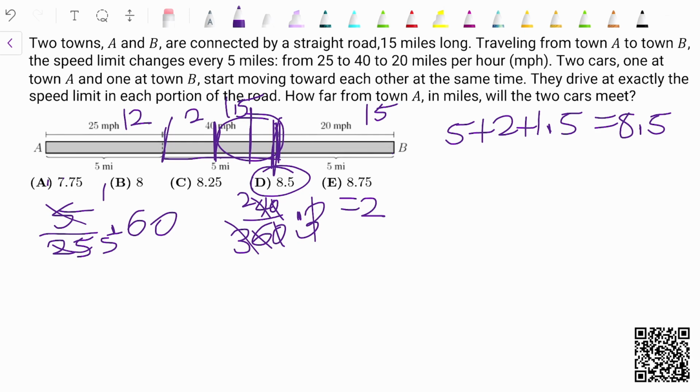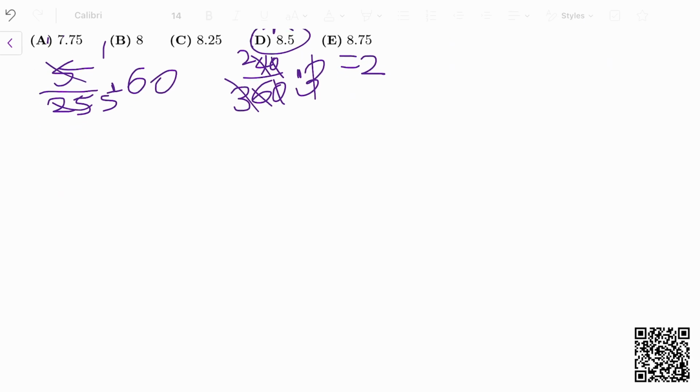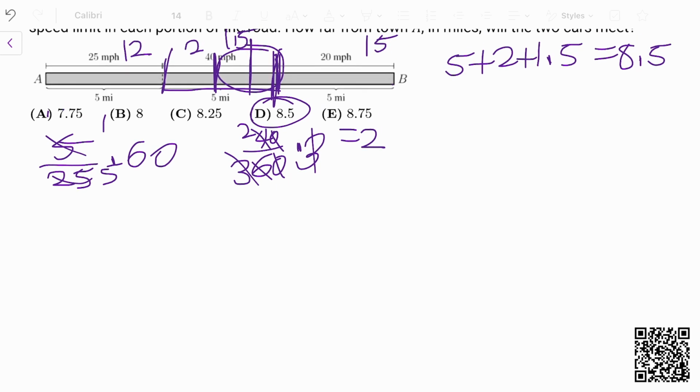There's another way that you can do the problem, and that's by using algebra. Let's deem x as the distance from town A to the meeting point. We already know where it is, but let's just pretend that we don't, and it's somewhere in this area.